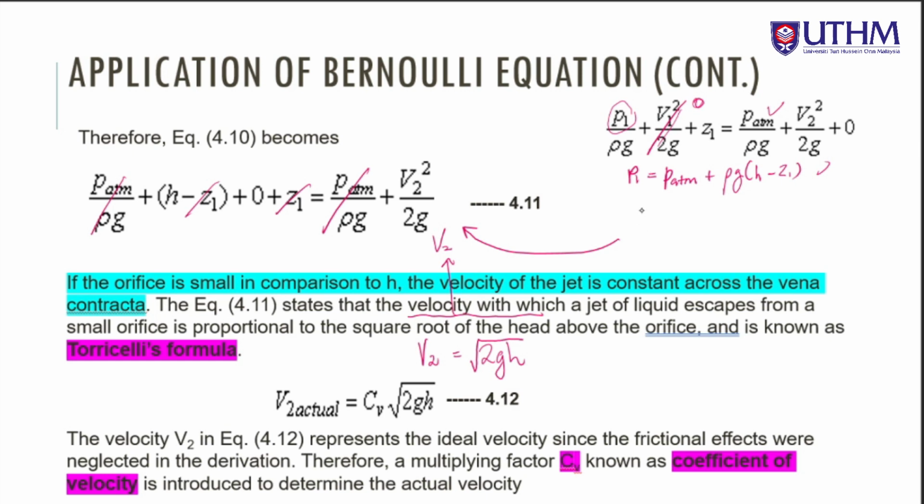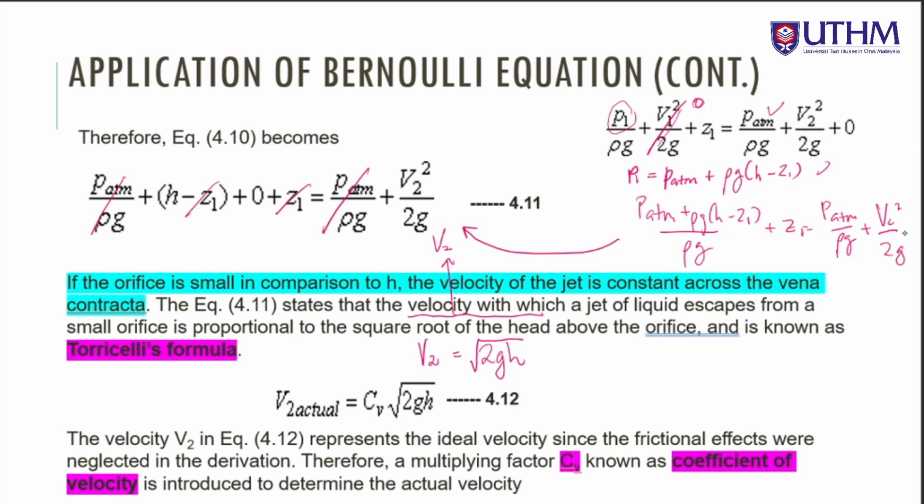So when we substitute: atmospheric pressure plus rho g (H minus Z1) over rho g plus Z1 equals P atm over rho g plus V2 squared over 2g.